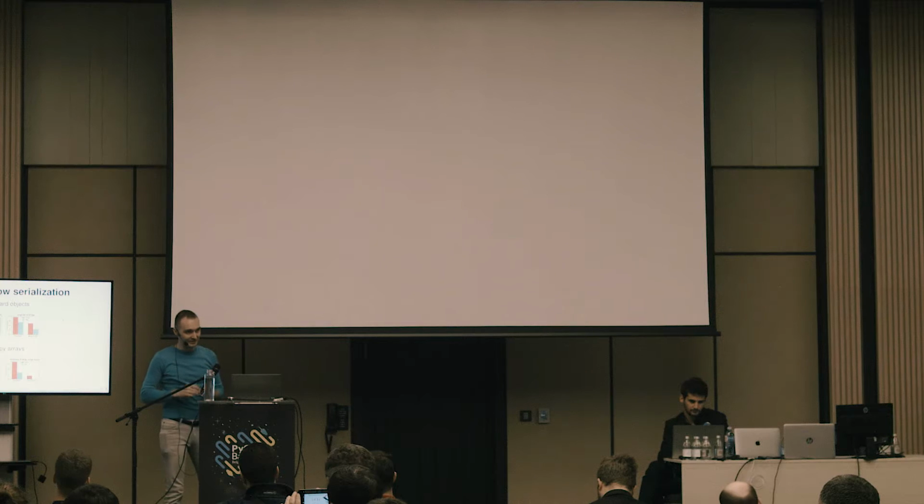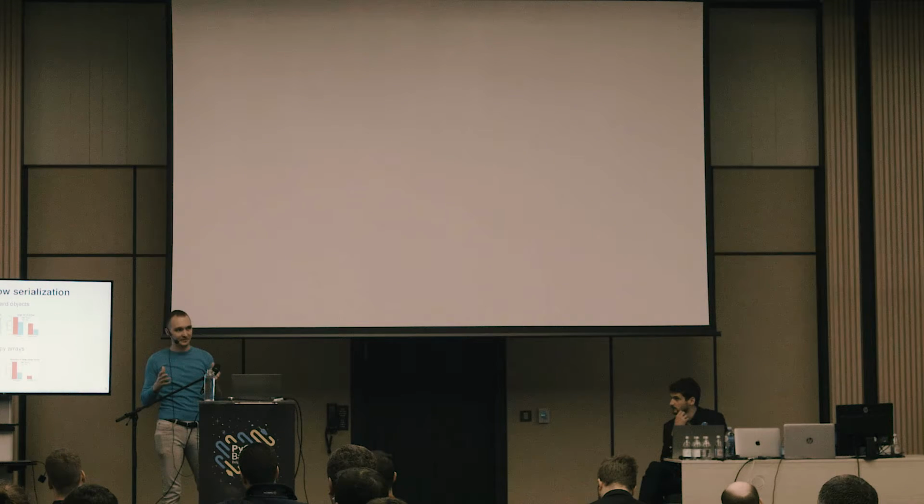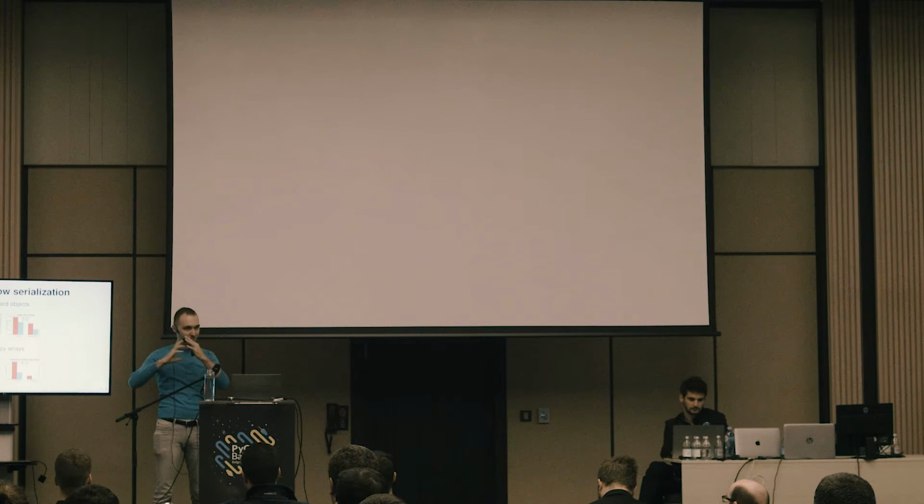Apache Arrow was designed to store objects that are used often in data science, in numerical analysis. So if you want to store a large NumPy array, for example, you store it in this layout in memory that's defined by Apache Arrow.